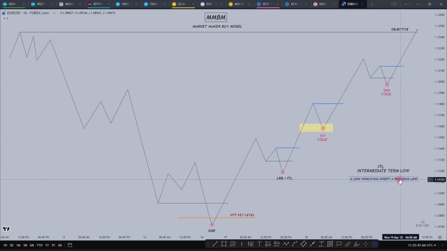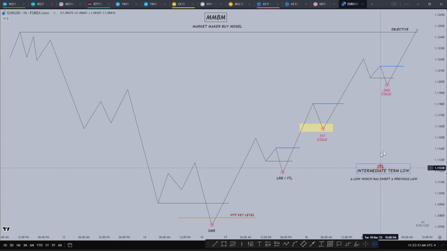A low which has swept a previous low. This is an intermediate term low, swept a previous low. How will you use that? In two ways. When framing low risk buy entry, low risk sell entry, and you can use this at any point. And the main use of intermediate term low is when you are using it after the second stage, because there are stages after the second stage as well until the objective is met.